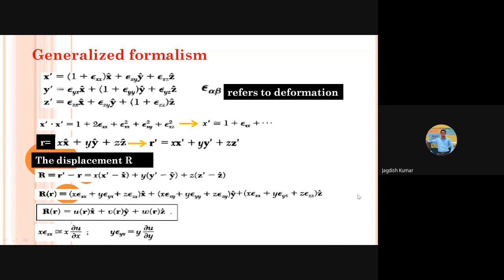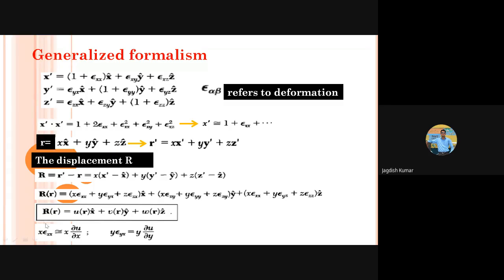If you have a y variation as well, then we say delta y, which is y minus y naught, into del f over del y, right? If we have a three-dimensional function, then we have delta z into del f over del z. That is from where we have got this one. So x naught is 0, y naught is 0, z naught is 0, so x minus x naught is x itself.